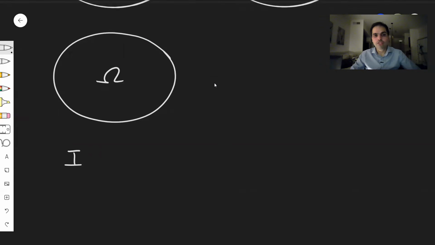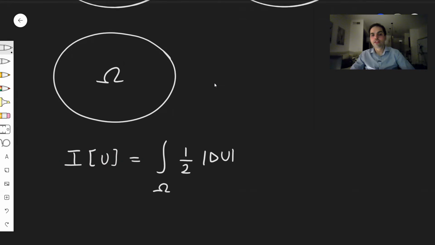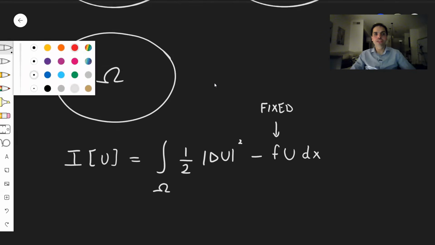Let's call it I of u, where u is a function on that domain, and what I spits out is called the energy functional. It's simply the integral over that domain of 1/2 times the length of the derivative squared, 1/2 |du|^2, minus fu. So it's just a fixed function f times your function u. So this is the functional we'll consider for today.